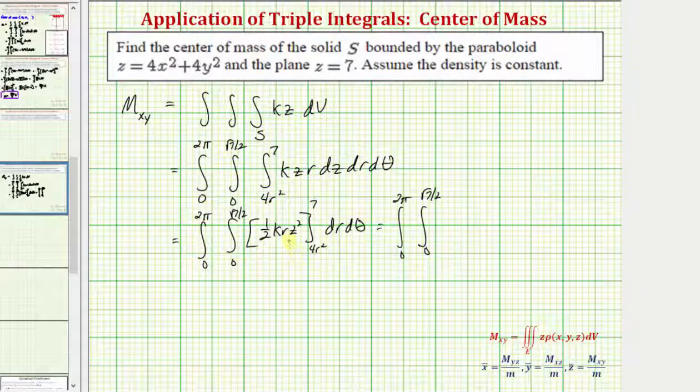Now we need to find big F of b minus big F of a by performing substitution for z. So when z is 7, we're going to have 49/2 kr minus, when z equals 4r squared, we're going to have 1/2 kr times 16r to the fourth, which would be minus 8r to the fifth k.